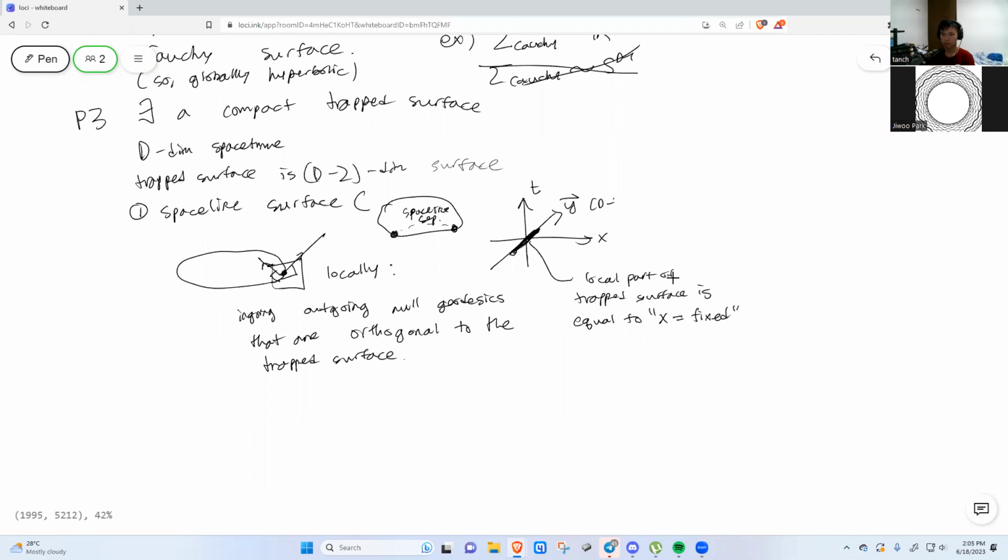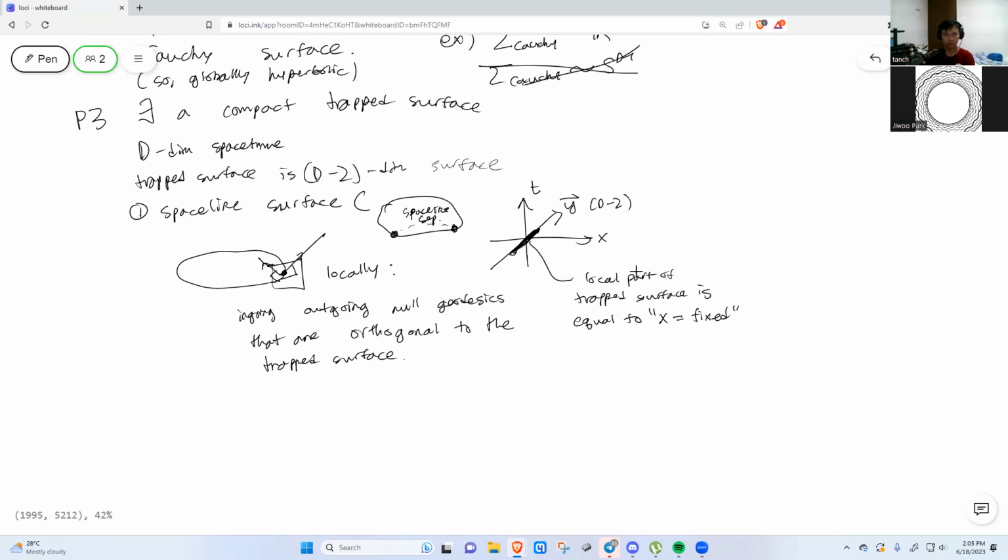There are d minus 2 y coordinates. If you look at this infinitesimally locally, you can see that the local part of the trapped surface is basically equal to x equals fixed. In some sense you can choose a coordinate system so that it is like that.